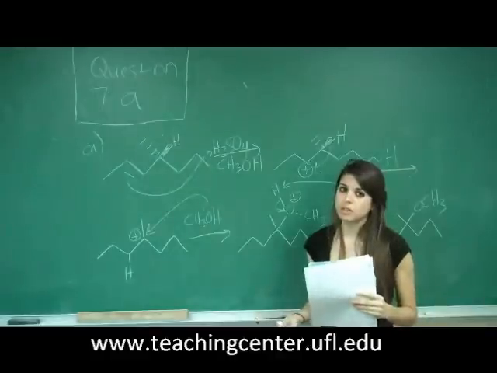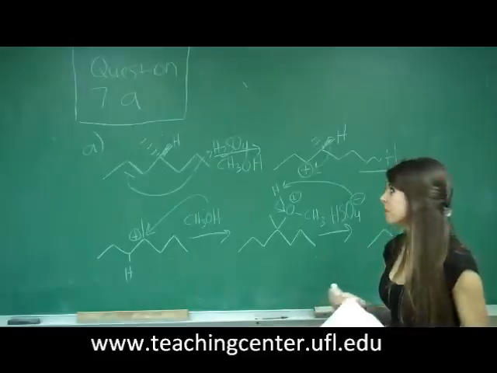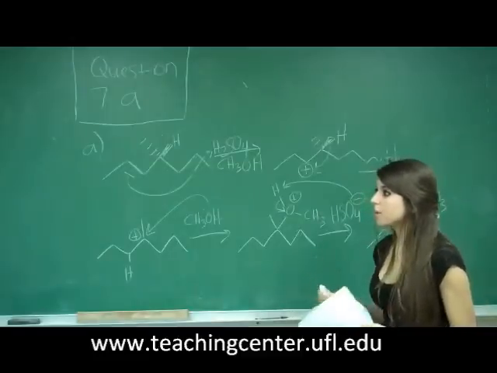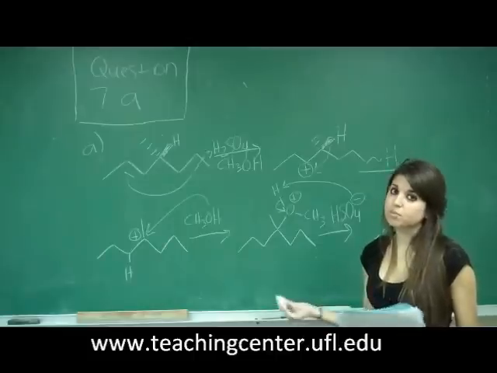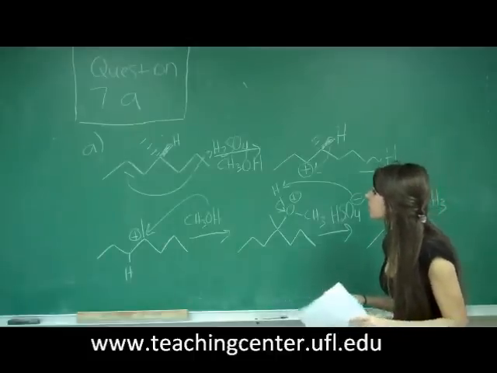There might be a possibility that we have shifting, so it's always good to start the mechanism, because we might miss it if we just predict the product without even going through the mechanism. So I like to go through the mechanism.